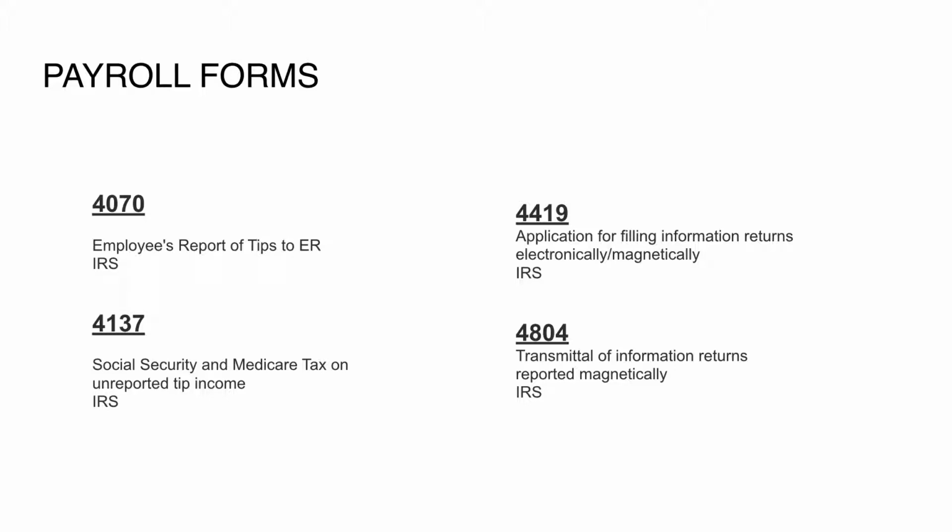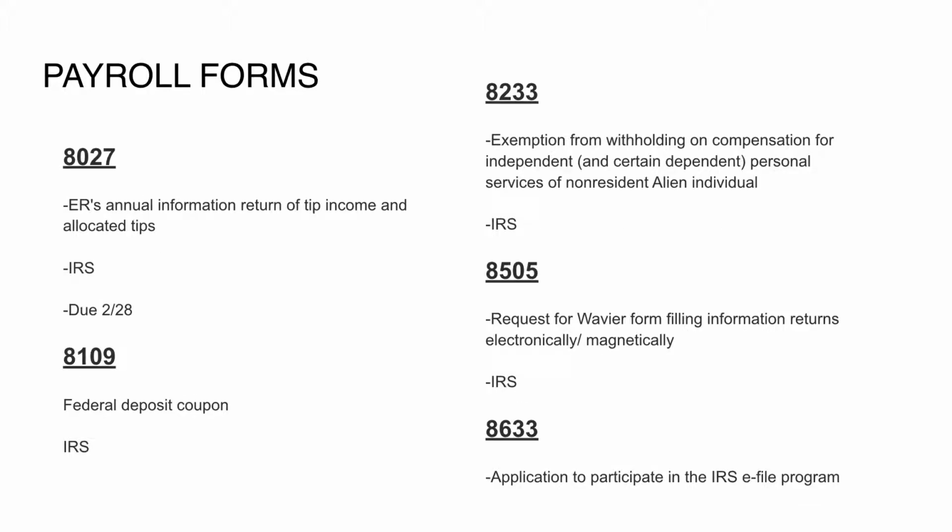Form 4804, transmittal of information returns reported magnetically, to the IRS. Form 8027, Employer's Annual Information Return of Tip Income and Allocated Tips reported to the IRS, and it's due by February 28th. Form 8109, Federal Deposit Coupon reported to the IRS.